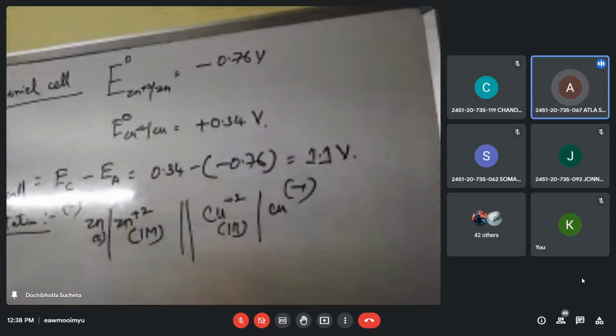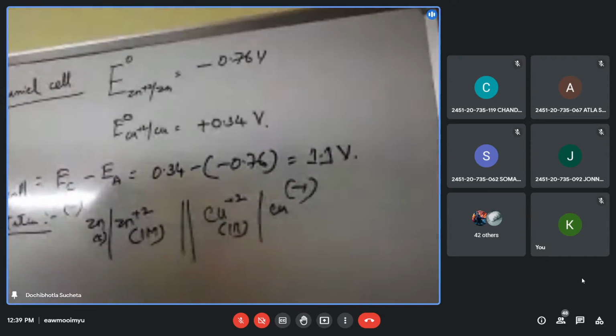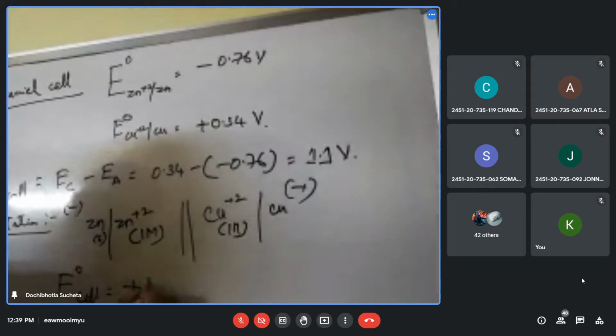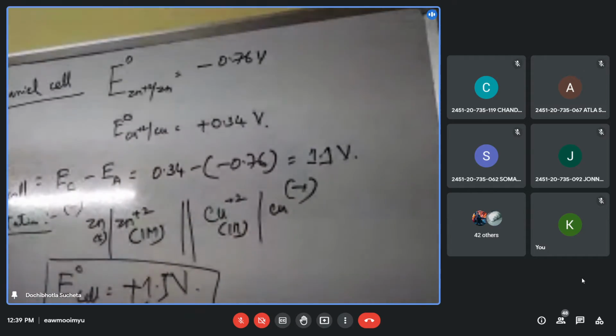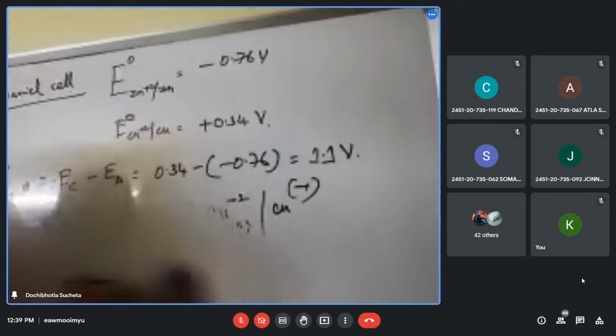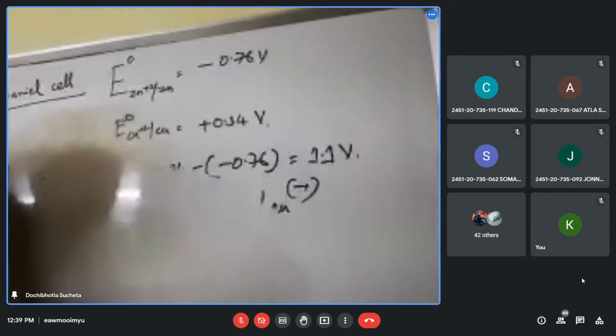Silver, copper. Now here, can I presume that in this case E naught cell is equal to plus 1.1 volt? Yes, it is correct. Next, I took the combination of copper and silver.